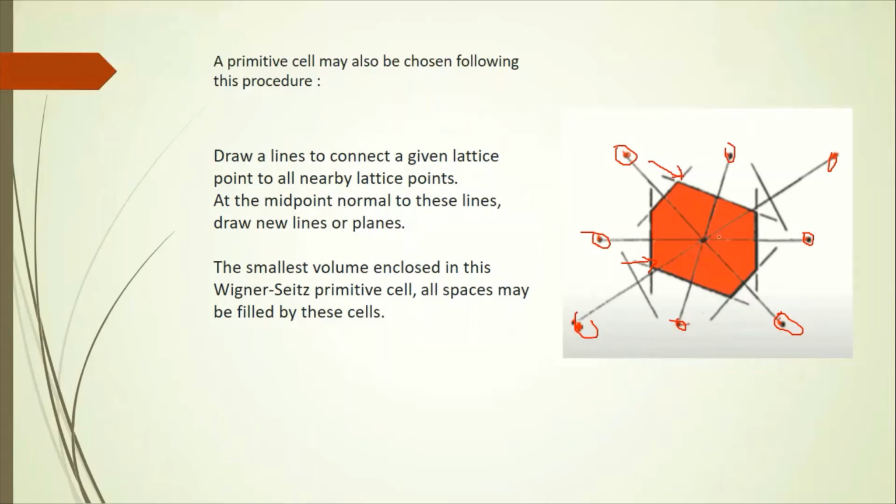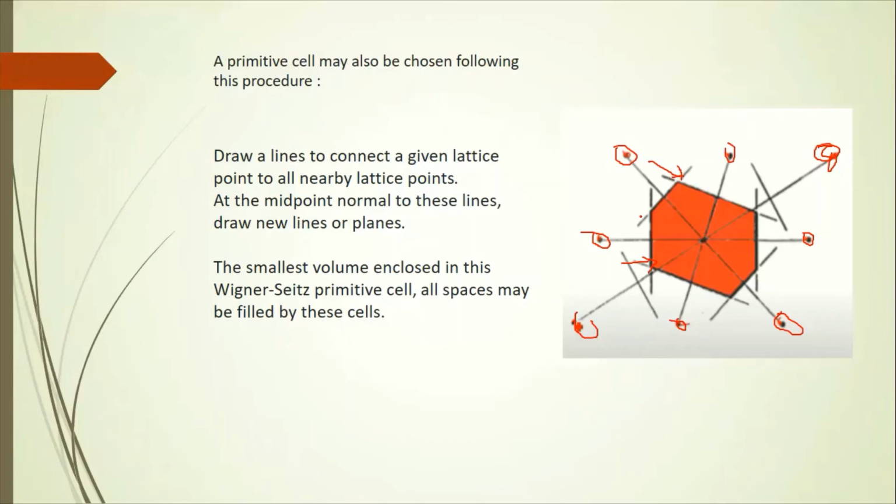We can also see in this picture this point is outside of the red shape, so it's formed by the closer atoms. So we don't go further away from this point.